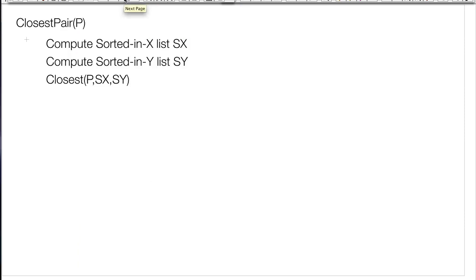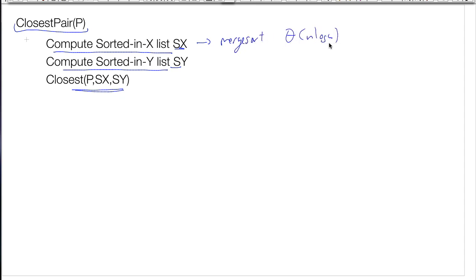How do we accomplish that? Well, we're going to write a wrapper around this program. The closest pair function is first going to compute the sorted order in Sx, compute this in Sy, and then it's going to call that function that I wrote over there, the closest of P. So by merge sort, this takes order n log n, and this takes order n log n, and this takes order n log n.